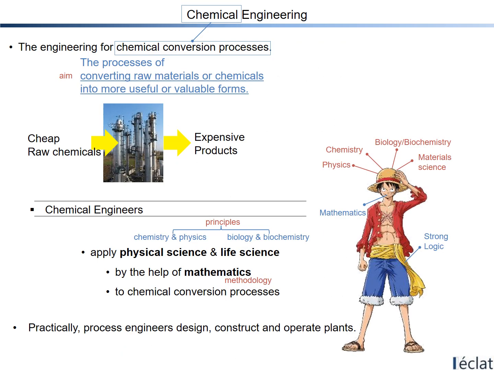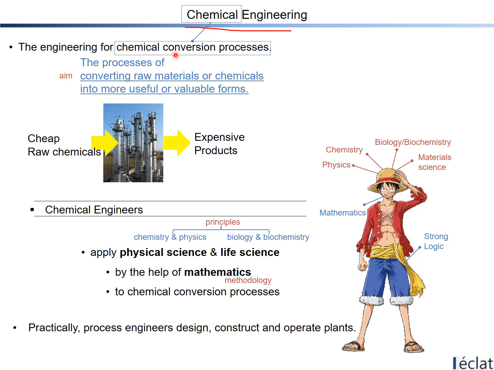Okay, those are the keywords and contents of ICP, Introduction to Chemical Processes. It's time to say about what chemical engineering is. Chemical engineering is the engineering for chemical conversion processes.